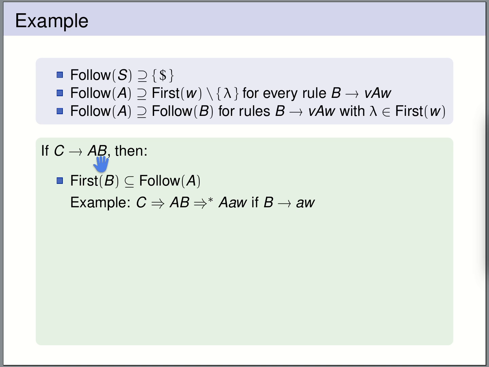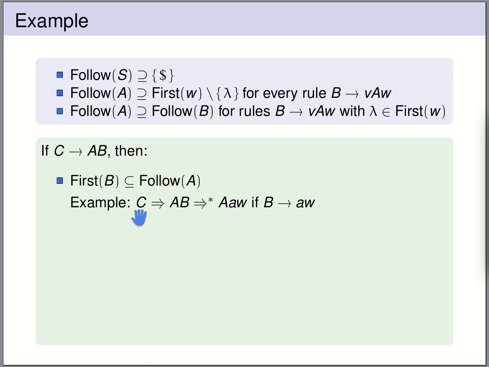So anything that B can rewrite to, any terminal letter that a word derived from B can start with, must be in follow of A. So for instance, if we have a rule B rewrites to AW, then the terminal letter A is in first of B, and this terminal letter A must be in follow of A. Why is that?